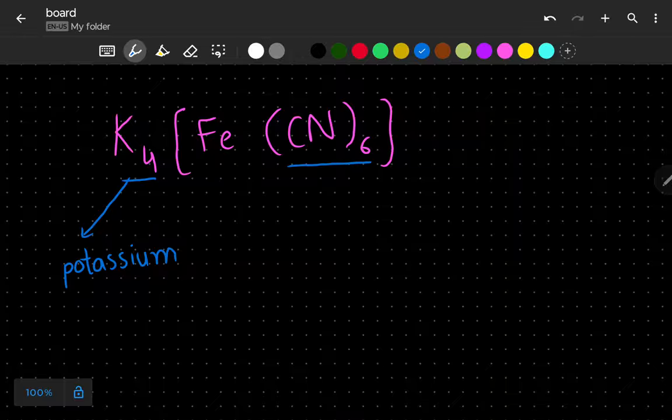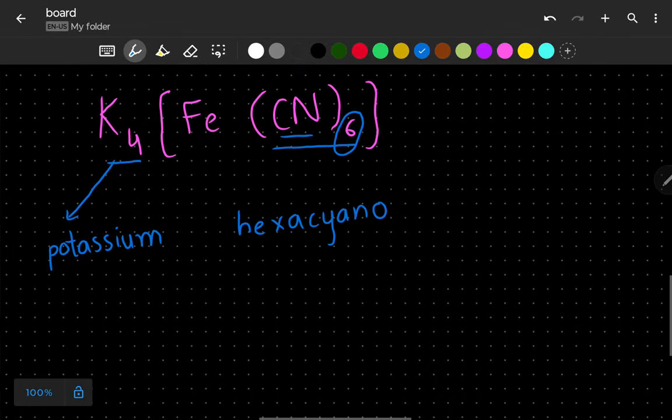And now we will name the ligands first. The ligand count is 6, so hexa. This ligand is named as cyano. And for iron, its Latin name is ferrum, so we will name it as ferrate.